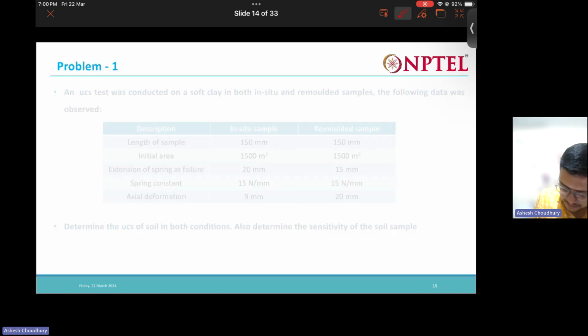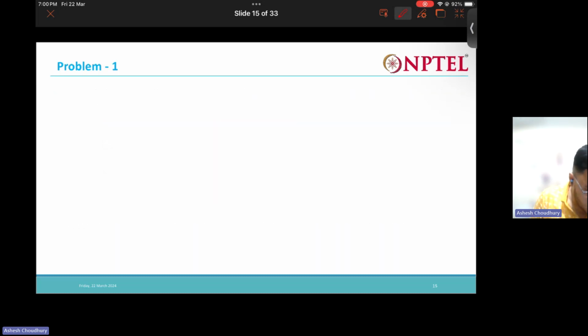So failure load is equal to 20 into 15, equal to 300 Newton for the in situ sample, and equal to 15 into 15 for the remolded sample.